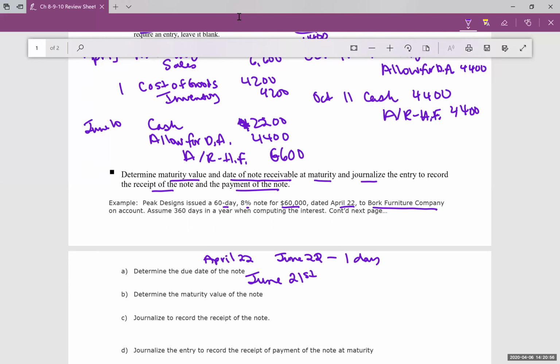Then to determine the maturity value of the note, you take your 60,000 times your 0.08 times 60 divided by 360, and there you get your interest, but that's not your maturity value. You're going to add your interest to the face value of the note, so the maturity value is going to be $60,800.